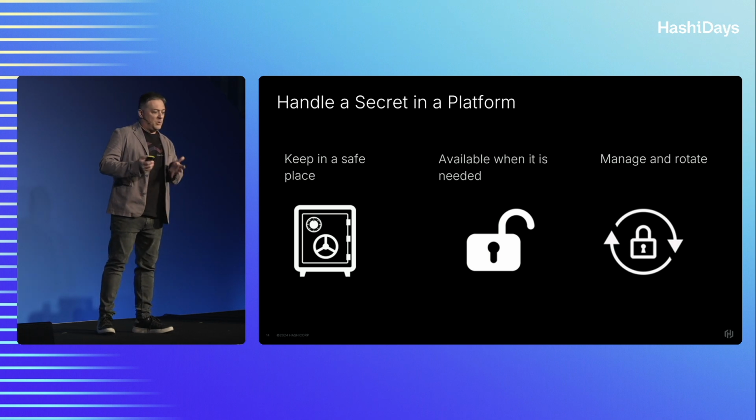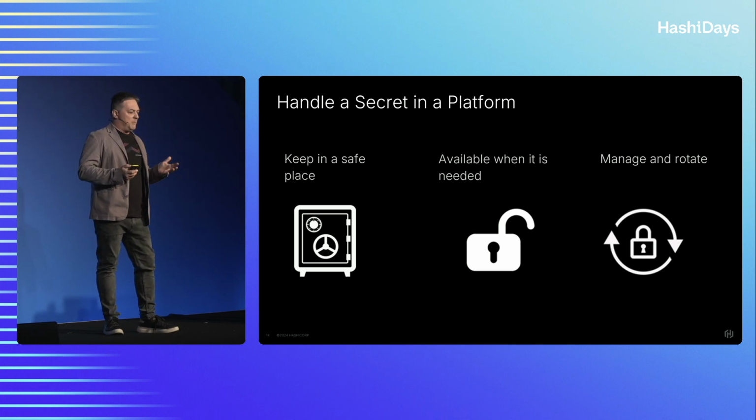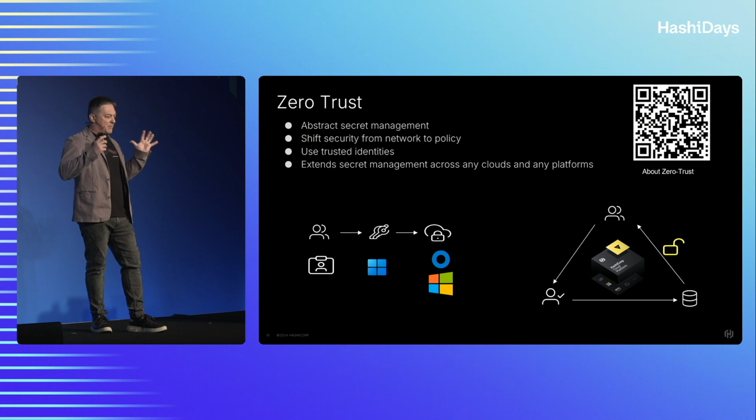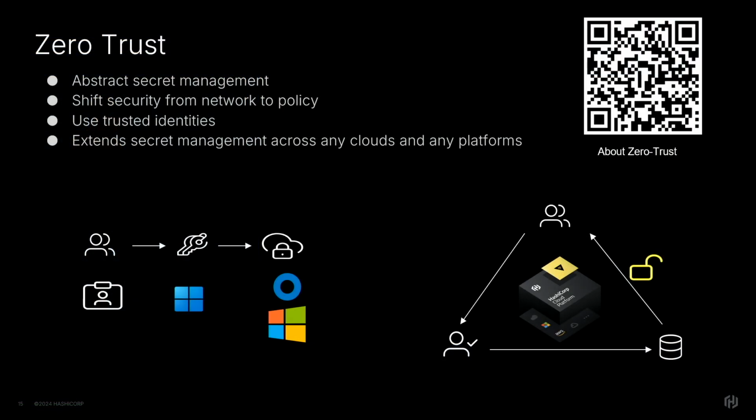And finally, because we are respecting zero trust, we must manage and rotate them. So with zero trust we are seeing a kind of abstraction of secret management, like handling secrets in a different flow, avoiding passwords in clear text, handled by the elements that we deliver without compromising security. And the most important thing for zero trust is that we must extend secret management across any cloud and any platform.